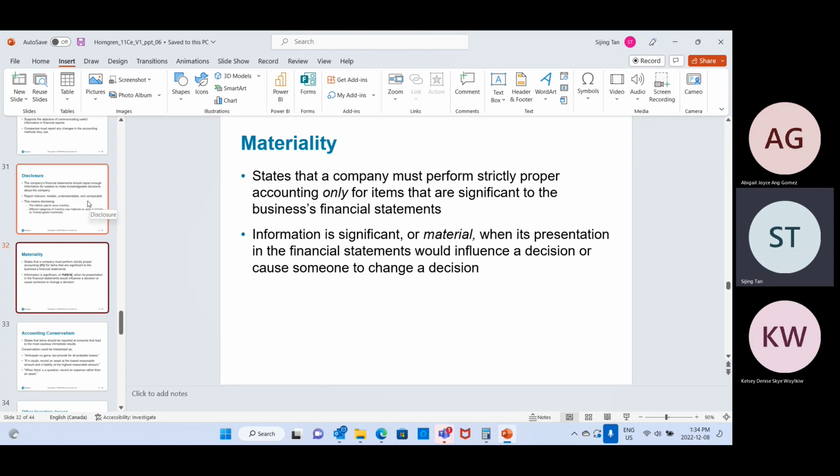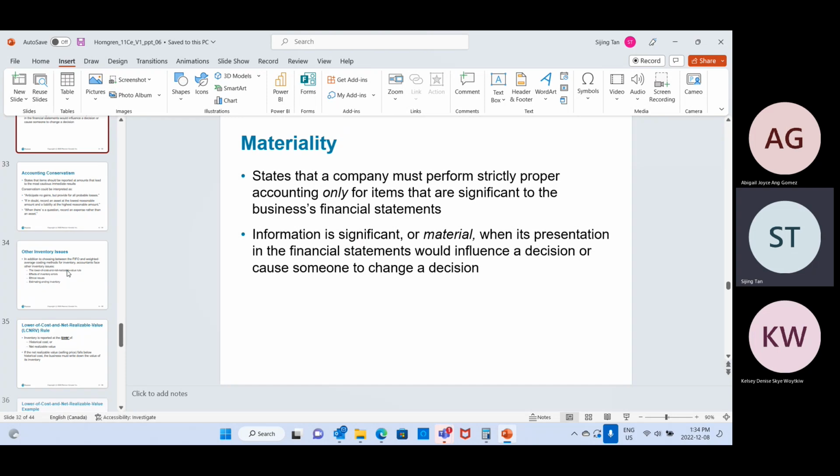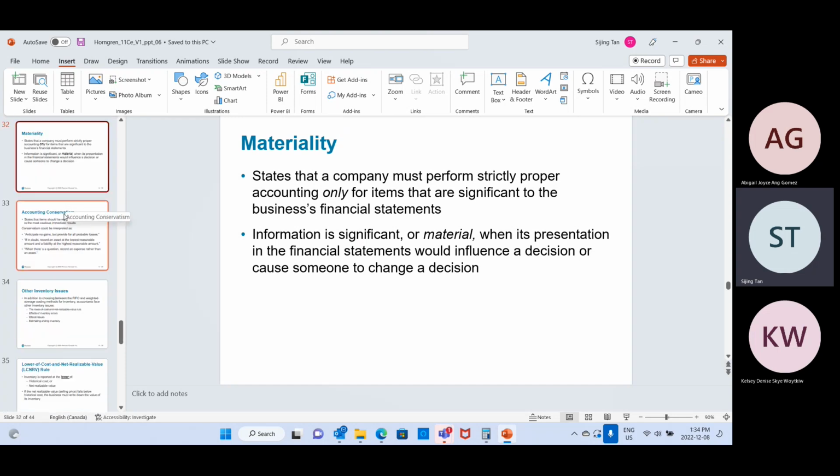For example, transportation costs, right? Or we call this freight, and they can be expensed if it's not material. So if it's not a big cost or is not going to affect the decision maker's decision, then it does not have to be considered.